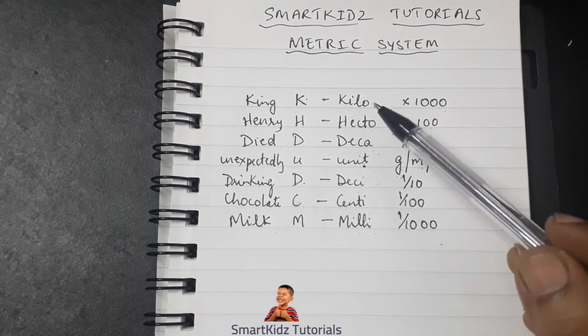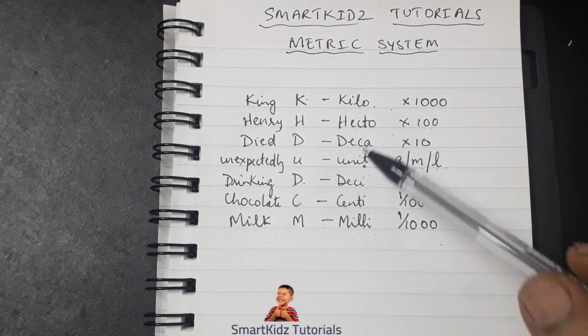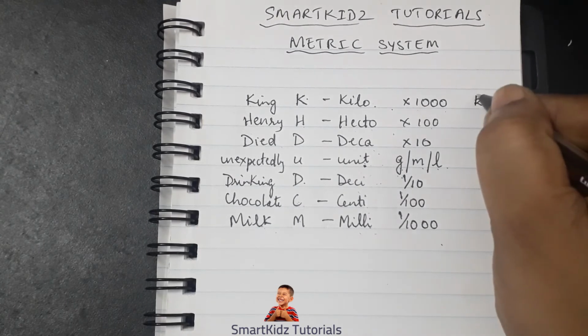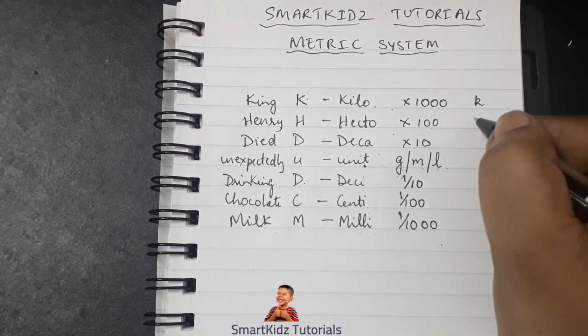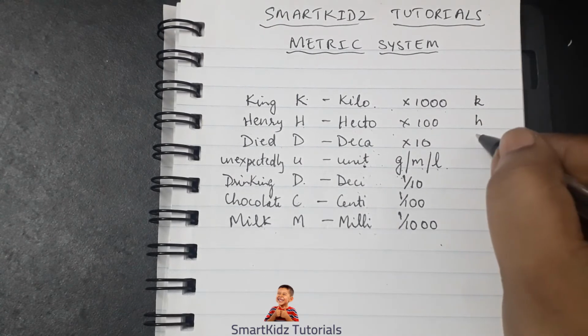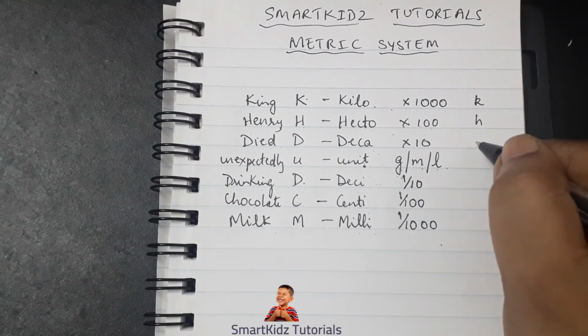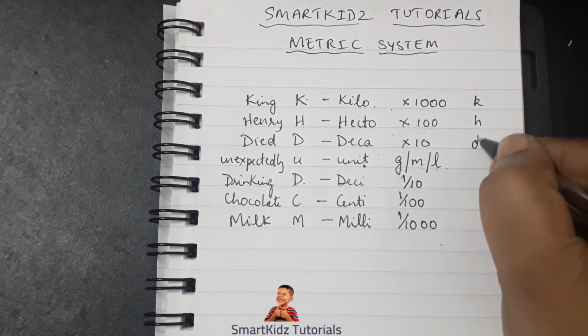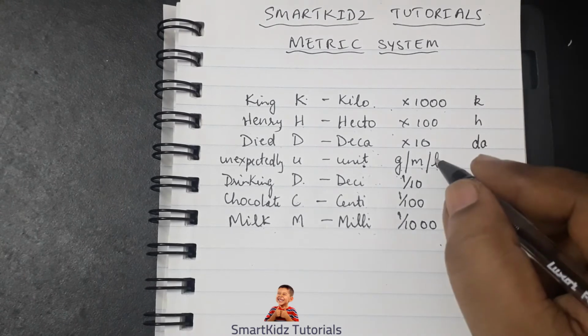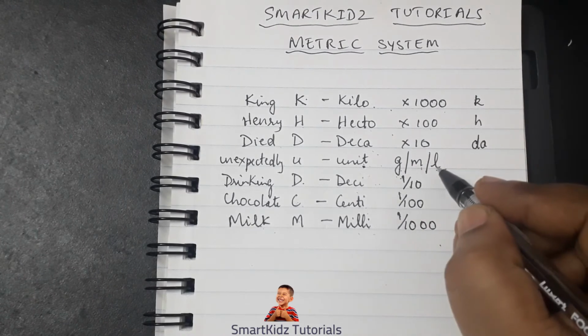Now kilo, how we symbolize it is with a K, a capital K or small k. Then we have hecto, which is small h. Then deca, which we write as DA. Then your unit, whichever it will be: gram, meters, or liters.